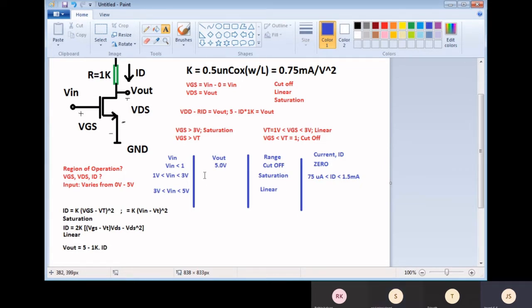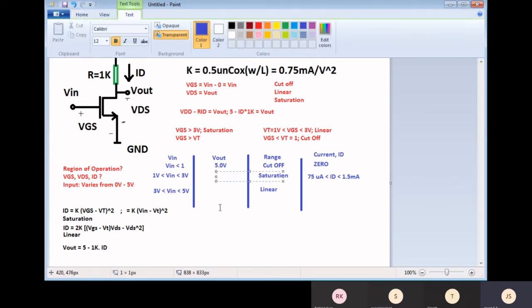Okay. And the other side, how much is it? It is 4.925 volts. Yes.